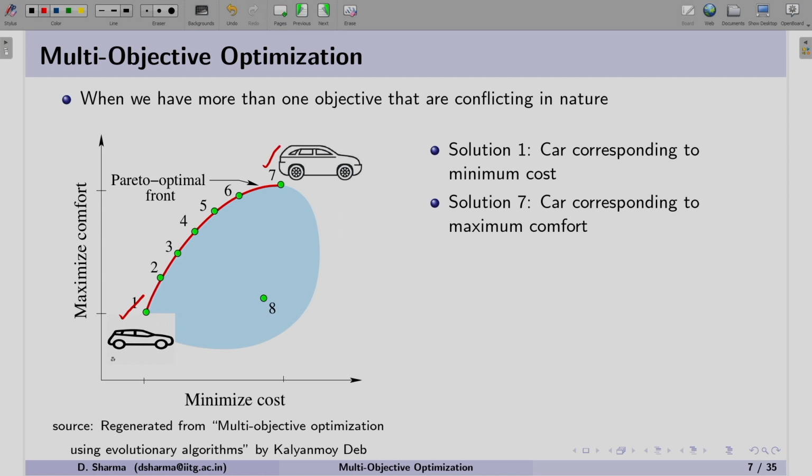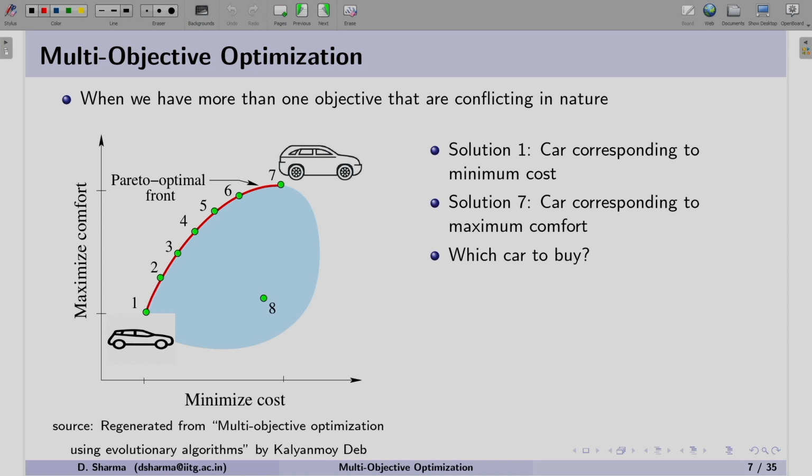Now we know that car 1, or solution 1, corresponds to the minimum cost. So if I draw a line on the x axis, this is going to be the minimum cost. And solution number 7 corresponds to the maximum comfort. So solution 7 is the car which is going to give us the maximum comfort.